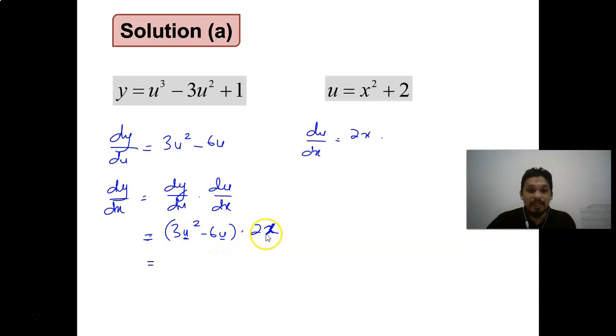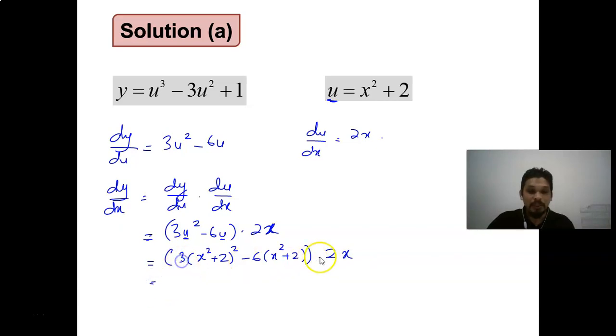Because u and x cannot be put together as a final answer. Look at this one here, u. So in this case, 3 times (x squared plus 2) squared minus 6 times (x squared plus 2), multiplied with 2x.